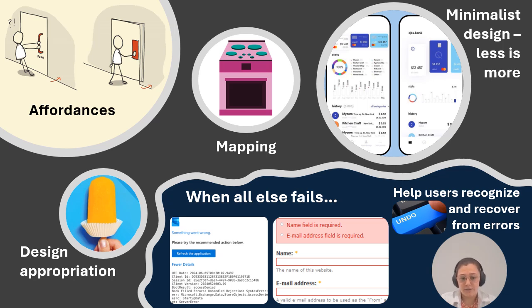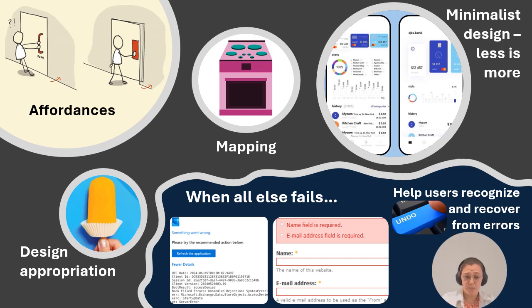When all else fails, so as much as we'll always try and design technology that's as usable, as easy to use as possible, there are going to be times when users do something unexpected, or the system does something unexpected. And so it's really important that you're not then completely stuck and shut out of the system, but actually you can recognize and recover from what the error is.